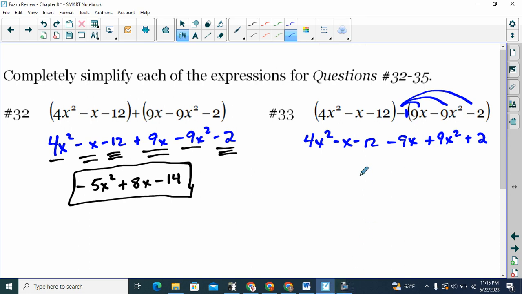Now we combine like terms. 4x squared plus 9x squared is 13x squared. Negative x minus 9x, that's negative 10x. Negative 12 plus 2 is minus 10.